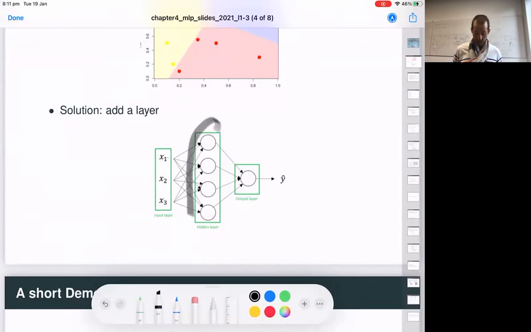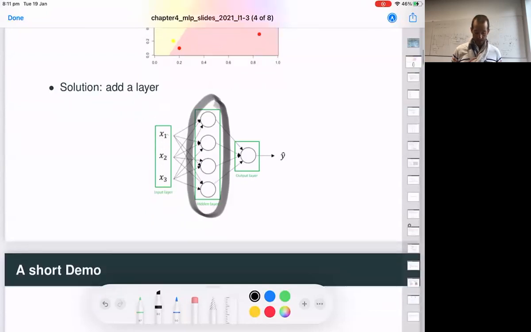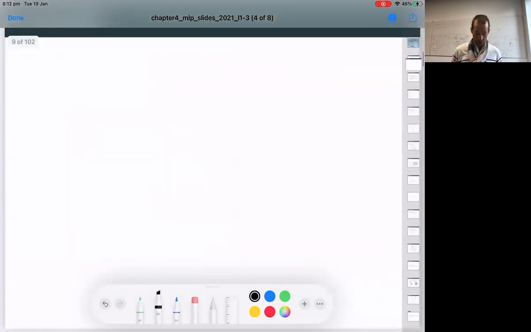You see this hidden layer, and this will help us get something non-linear from the input to the output for the decision boundary. I will show you an example and explain after. So, a short demo.